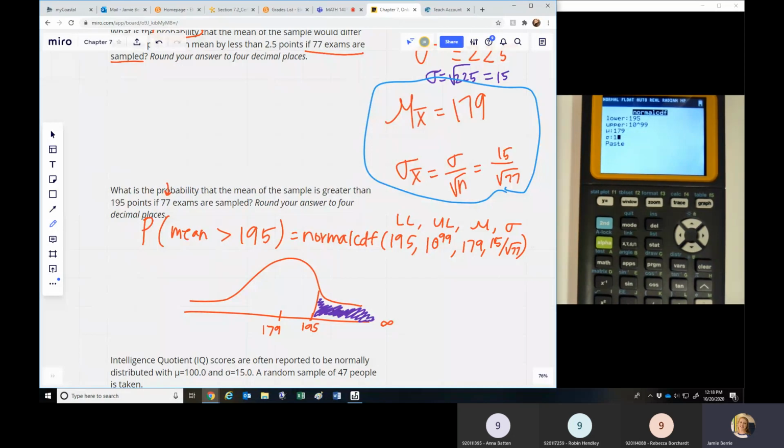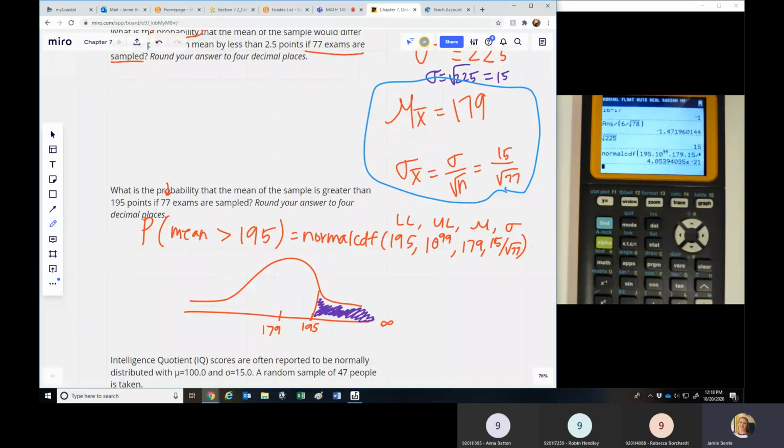The standard deviation was 15 divided by the square root of 77. Then we're going to paste it in. If you typed it in manually, it should look something like that. And press enter.